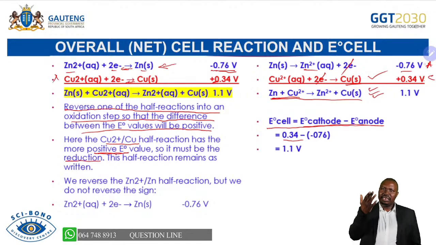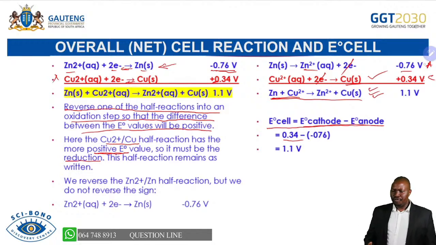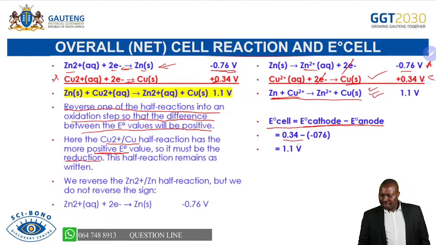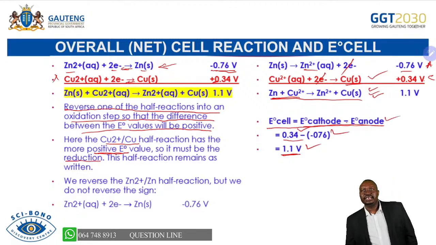And these values are arranged in this order in table 4b. Now you're able to say 0.34 minus, which is this minus of the formula, minus 0.76. Then you get 1.1 volts, which is your answer. And we give you 4 marks for calculating the EMF of the cell.